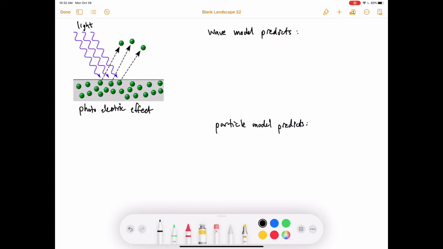Well, if light is a wave, the energy that's absorbed by the electrons in the metal should depend on the intensity of the light. Because, of course, intensity is telling us how much energy is contained in that light wave.